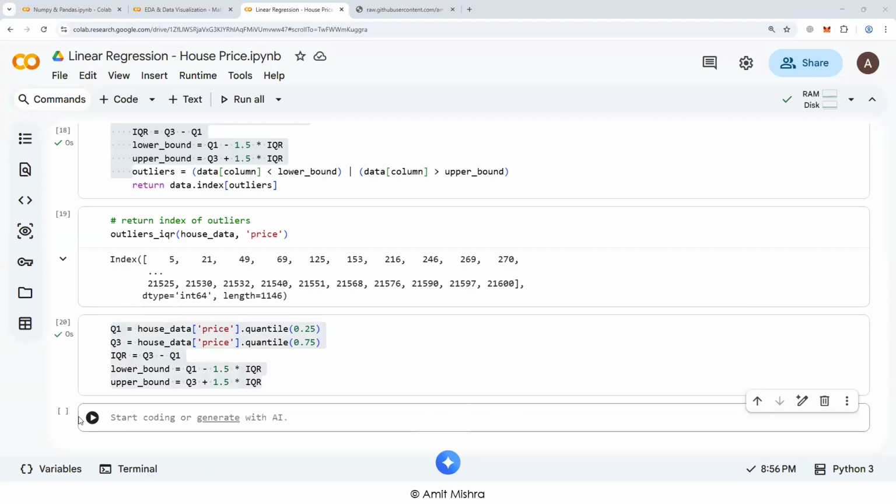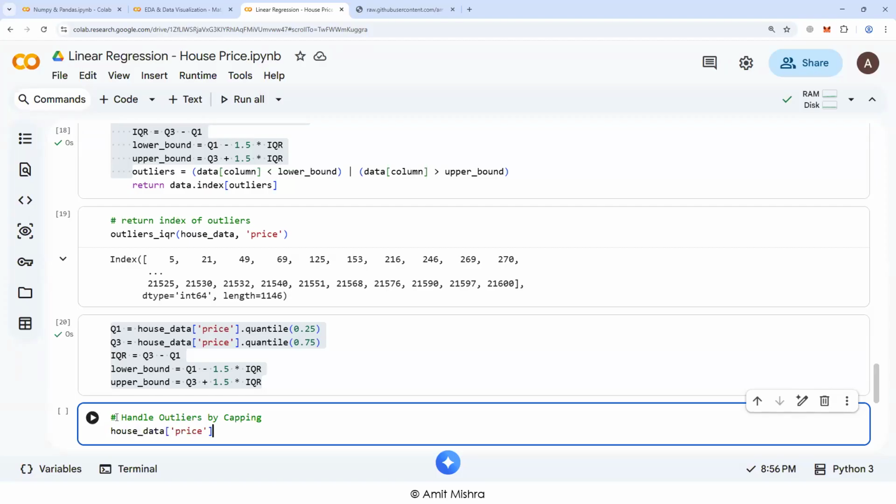Let's handle the outliers by capping. Let's replace the price by applying clip.